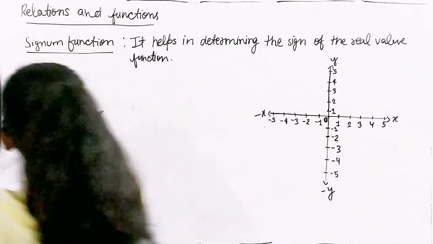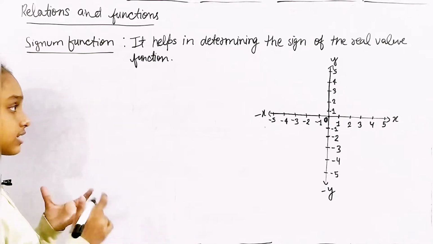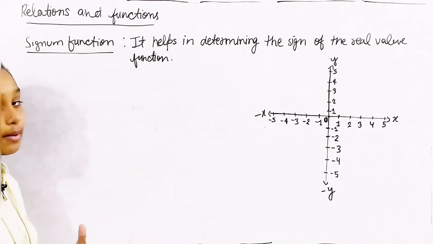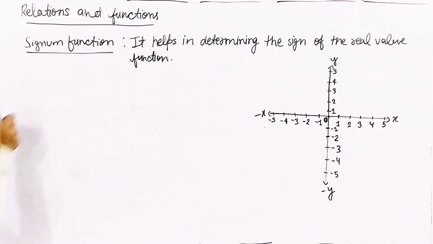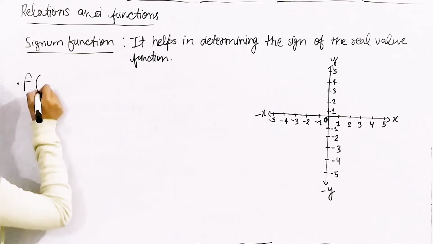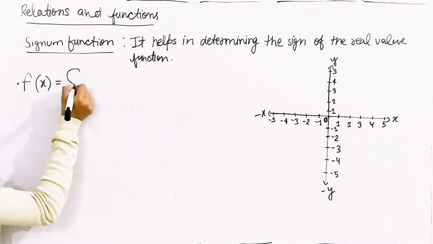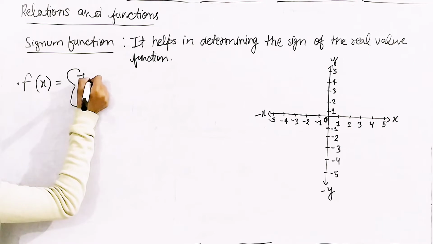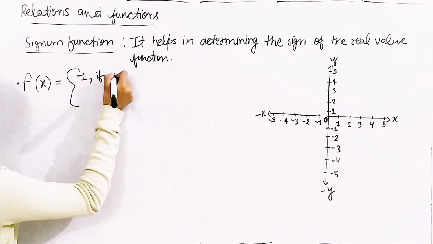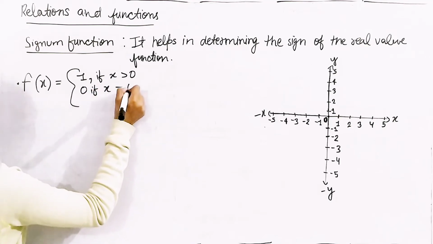Let me say it as an example. I'm going to tell it as an example. So let's talk about f(x). In f(x), I'll be drawing something. It's not an art, of course.